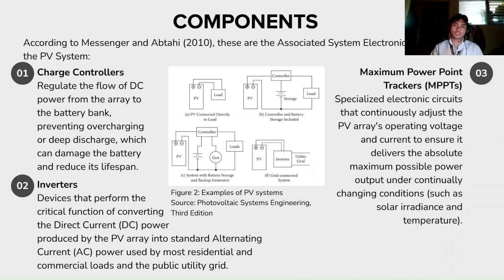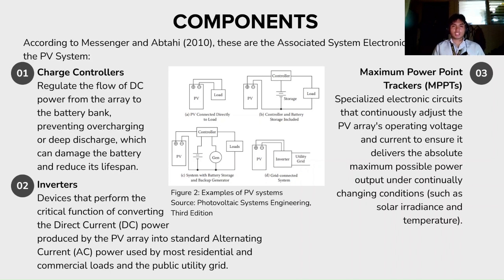Overcharging and deep discharging also damage the battery. So that's the job of the charge controller. It regulates the flow of DC. Let's say this battery is already at 60%. Let's say that 90 to 100% means overcharging, and 0 to 10% is the deep discharging.